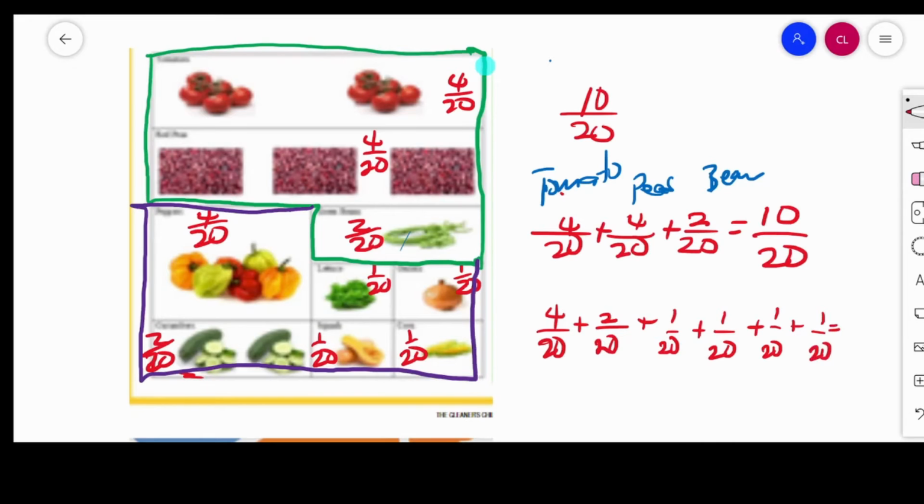And let's see, 4 and 2, 6, 7, 8, 9, 10. So this would be 10/20, and that would be the other half.